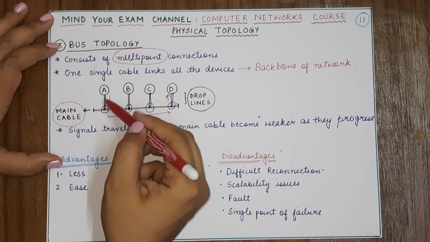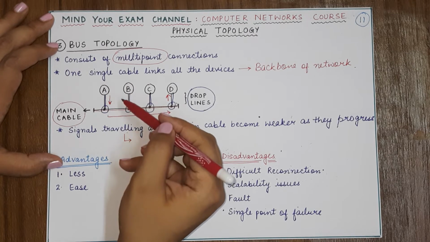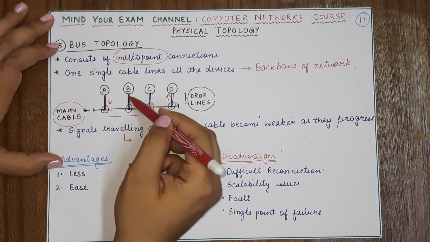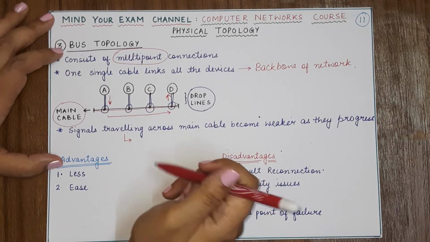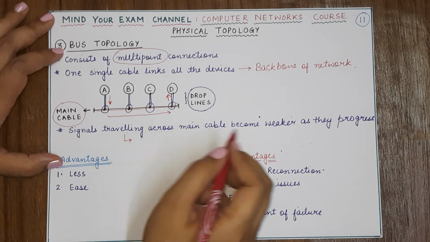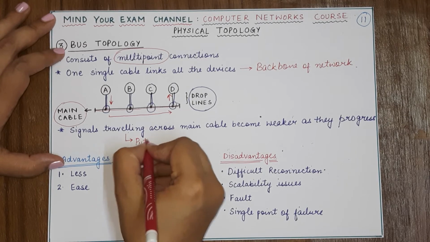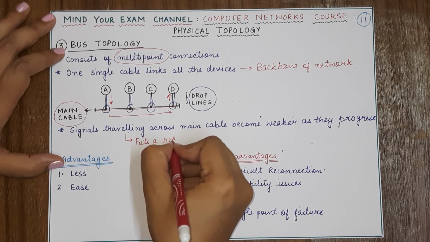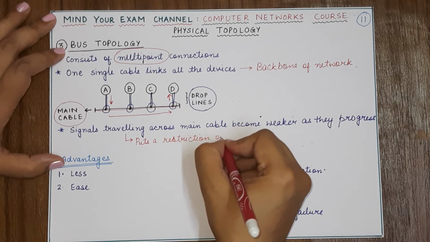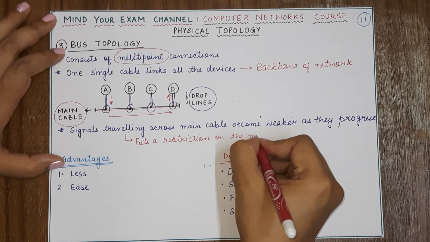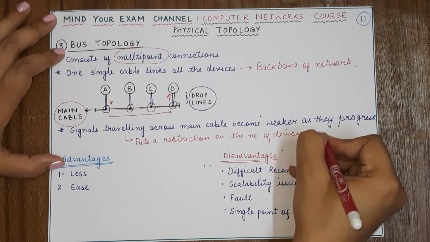That means if the data is actually intended for them, if they are supposed to be the destination of this data, then they will receive it. Otherwise, they will forward it through the main cable ahead. Now, since signals are traveling across the main cable and they tend to become weak, it puts a restriction on the number of devices that can be connected to the main cable. Okay.